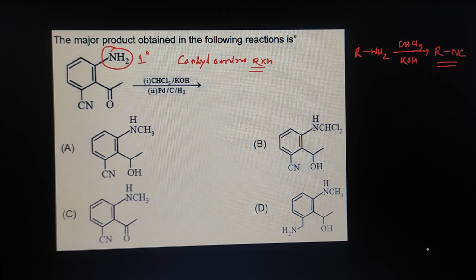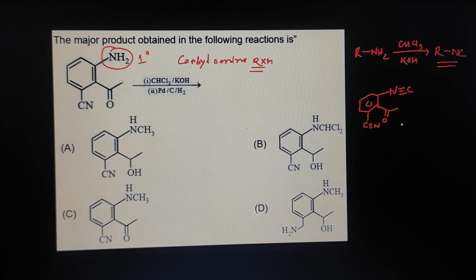So in the first step, this NH2 is converted to N triple bond C. There is no change in this CN group.